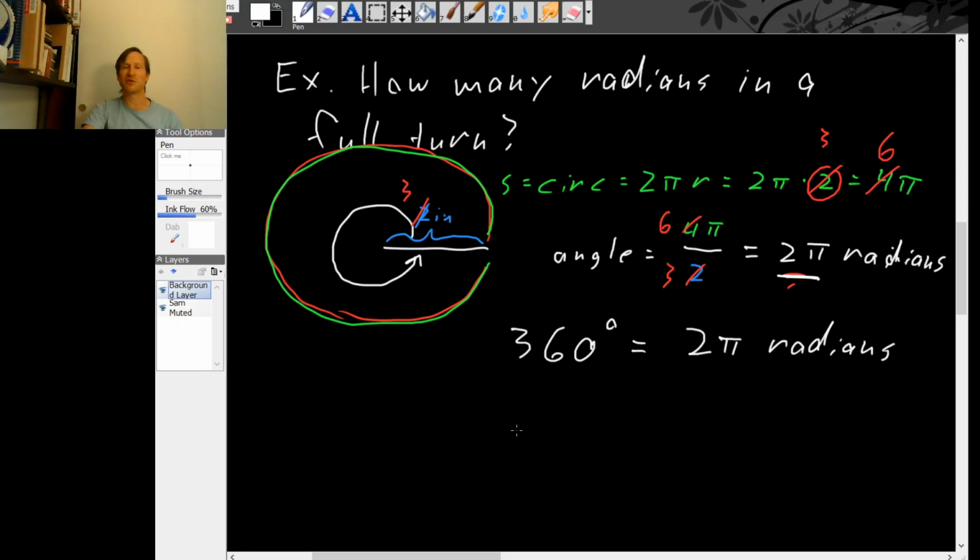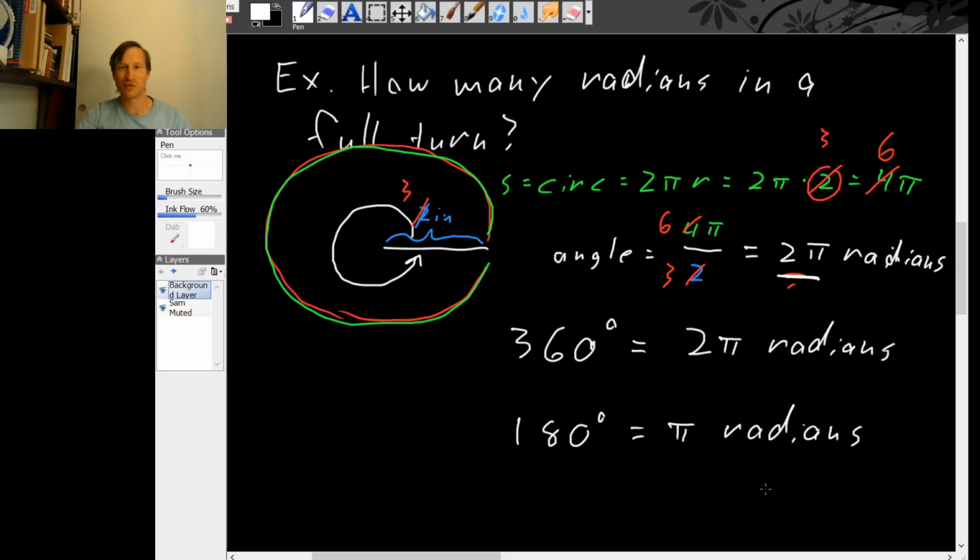You can actually divide both sides by 2, and you get the slightly simpler conversion factor that 180 degrees is equal to pi radians. It's good to have a conversion factor like this because in some situations degrees are a little bit easier to work with, and in other situations radians are a little easier to work with. So we'll need to be able to convert between the two systems of measurement.